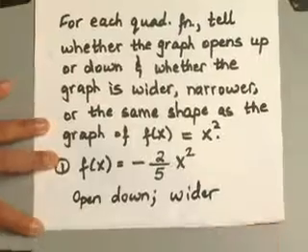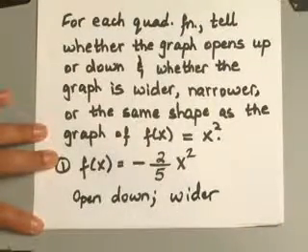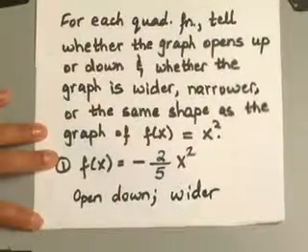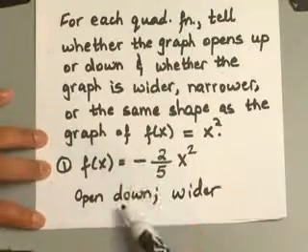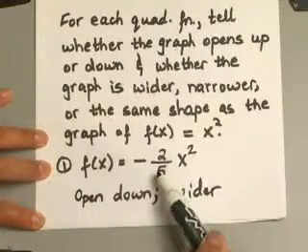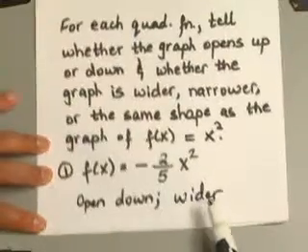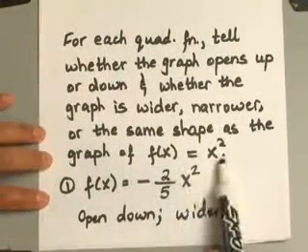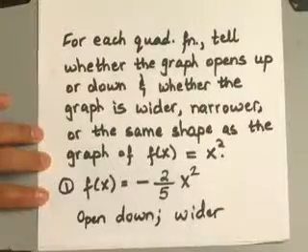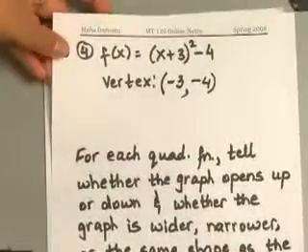Because remember, when the value is greater than 1, it's narrower. When it's between 0 and 1, the graph is wider. So negative means open down. 2/5, which is less than 1 and greater than 0, means your graph is wider than the graph of the x squared function. Okay, so just by looking at the function definition, you should be able to determine that value.